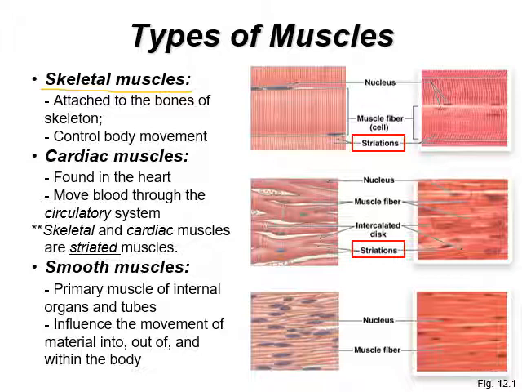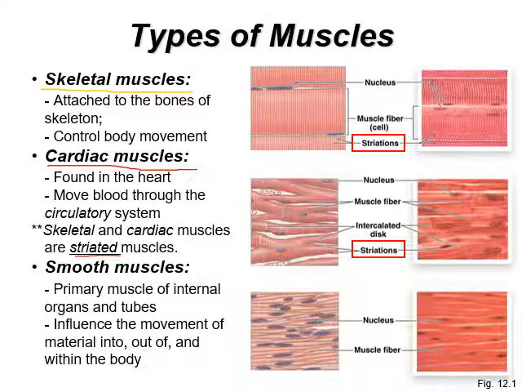Okay, the cardiac muscle is going to be making the walls of the heart. And so when it contracts, it's going to provide the force to push the blood through the bloodstream, into the blood vessels and throughout the body. Skeletal muscle and cardiac muscle, as you see, are striated. We'll talk about that in just a second.